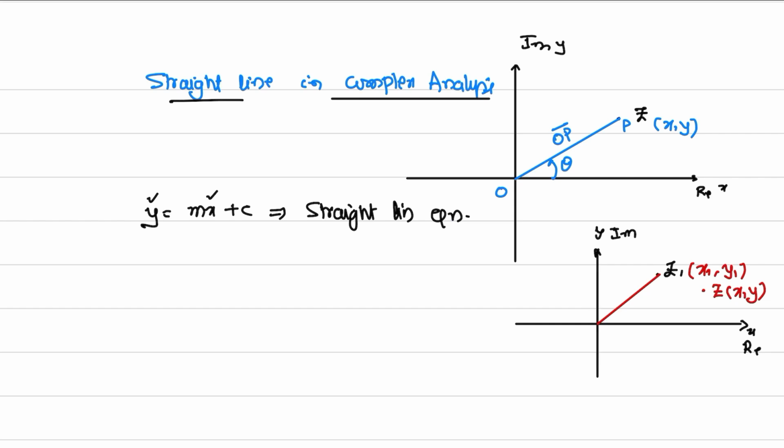Then how can a straight line be defined by using the locus of z and the fixed number z1?